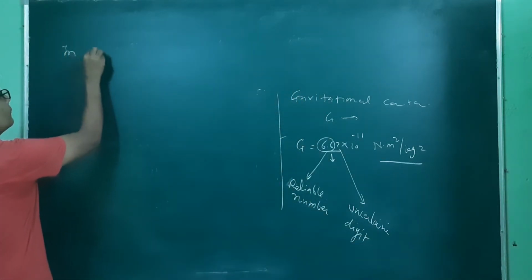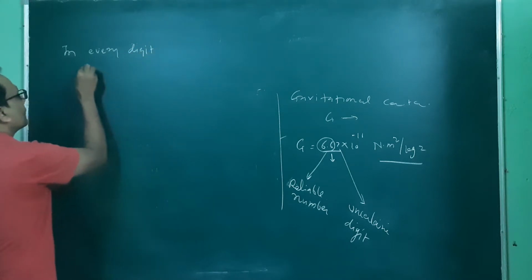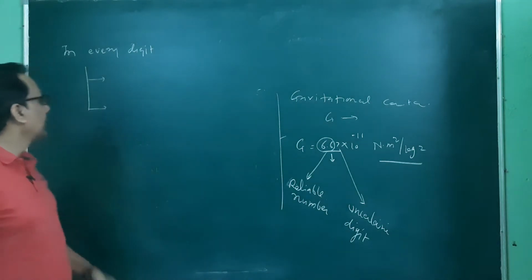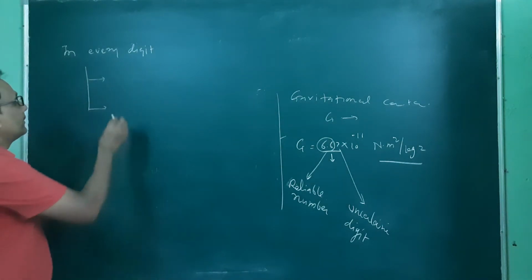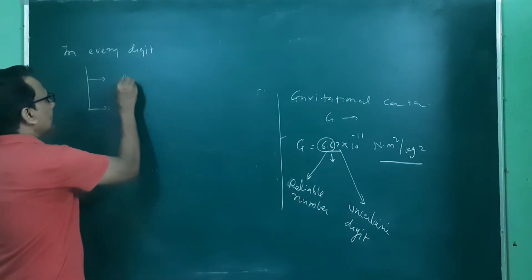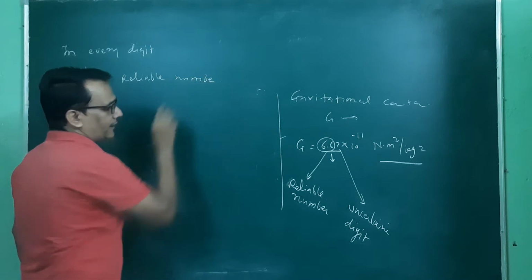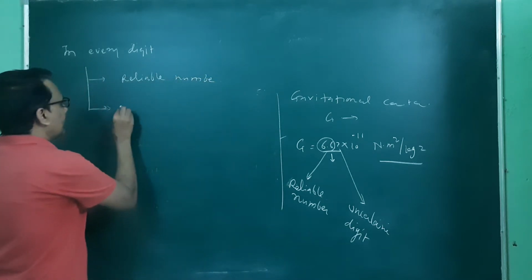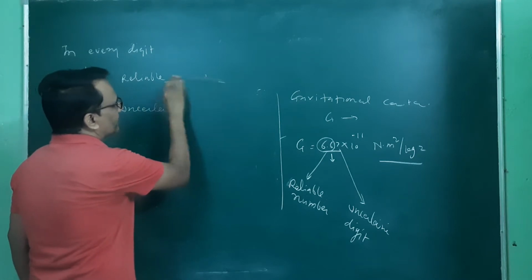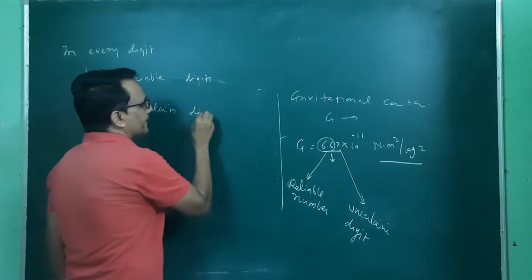So every number has two kinds of digits: the reliable digit and the uncertain digit.